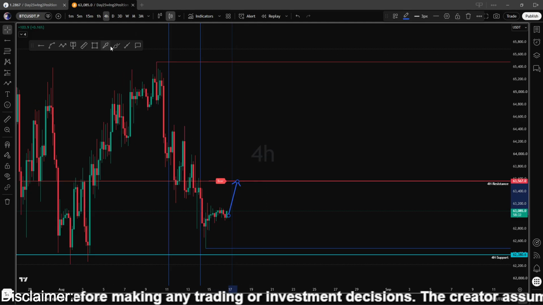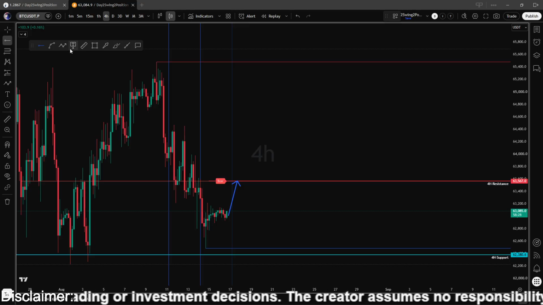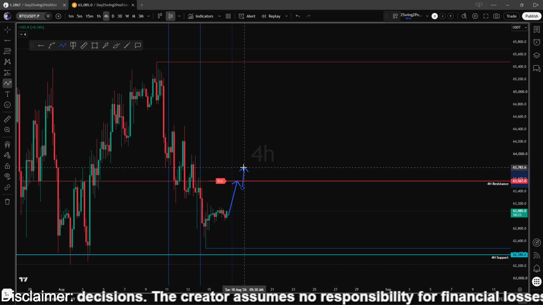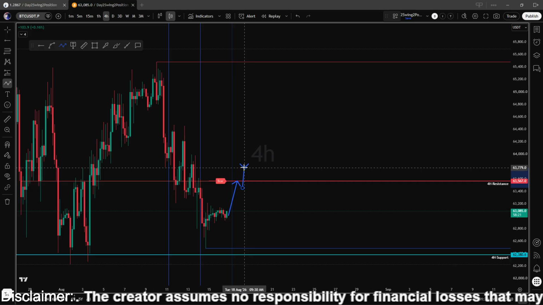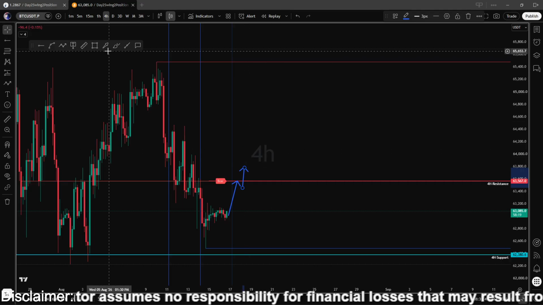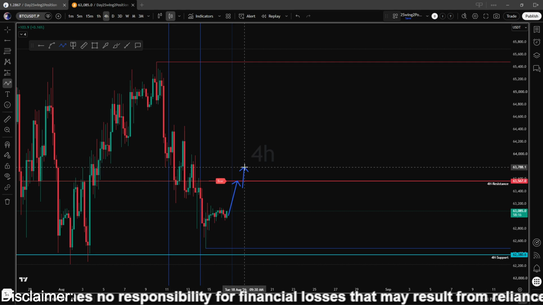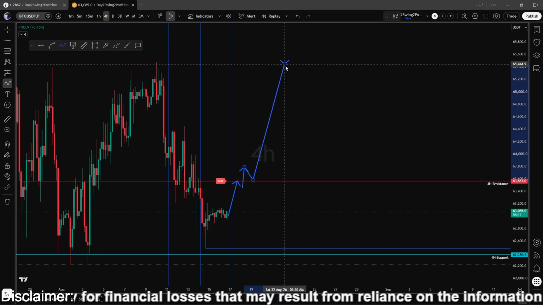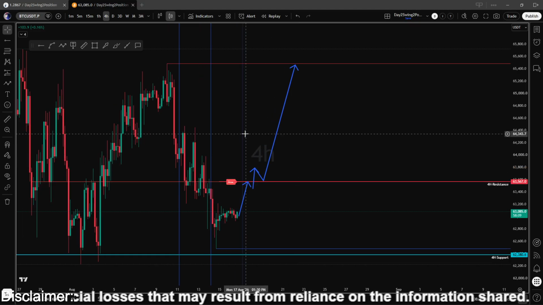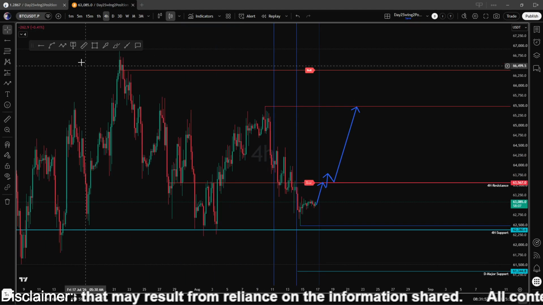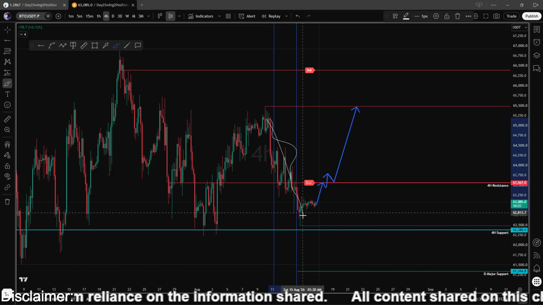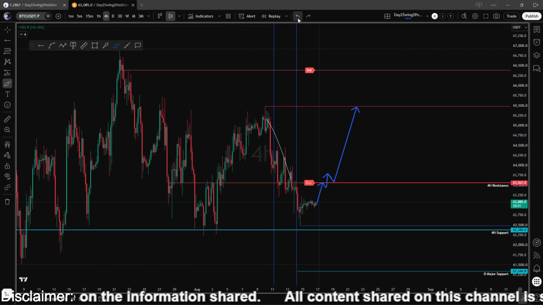If price successfully closes above this level and forms some sort of a good bullish candle, then price will take this level as a support and then continue to this level. This is one of the scenarios, and this is one of the analyses which I've also shared.